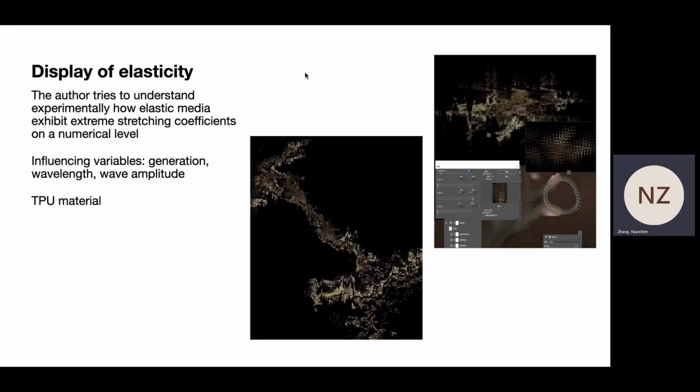What follows is a study of experiments done by other designers based on the direction of my project. This is about the performance of resilience. The creator tries to understand experimentally how elastic media exhibit extreme stretching coefficients on a numerical level.